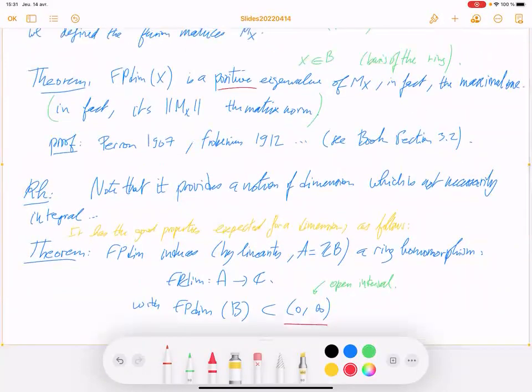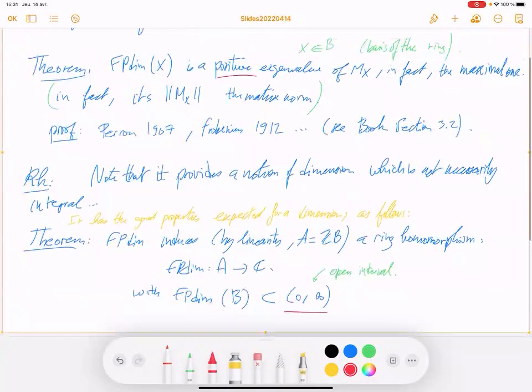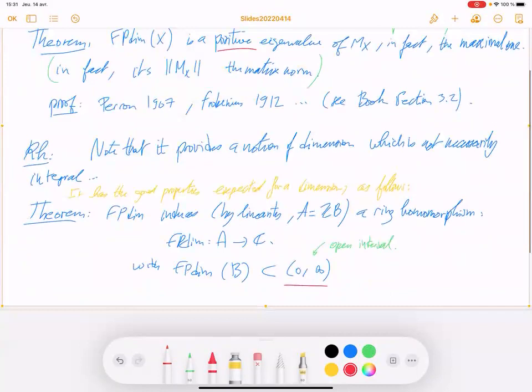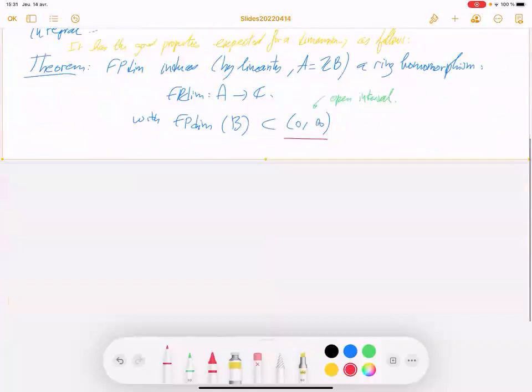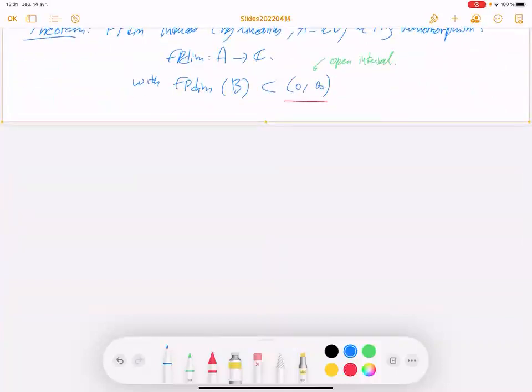This is due to positive eigenvalue. This is positive for the basis, not for the ring. The ring is just a free Z module, so by linearity you can also have negative stuff, but for the basis it's positive. Okay, so we are almost done for Frobenius-Perron dimension.